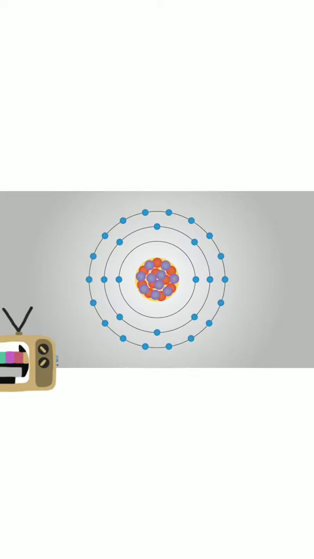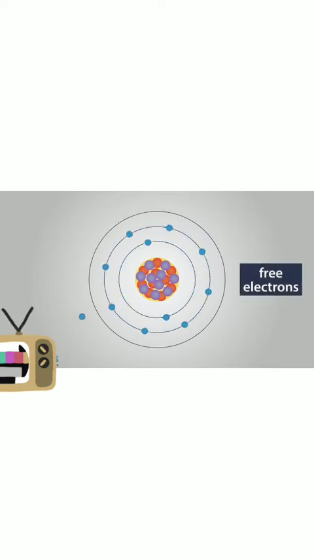The electron present in the outermost shell will come out and start moving. Initially we were doing this by rubbing, right? The outermost shell is called the valency shell. You can see here that given a small force, this electron comes out, and the flow of electrons is called the electric current, right?